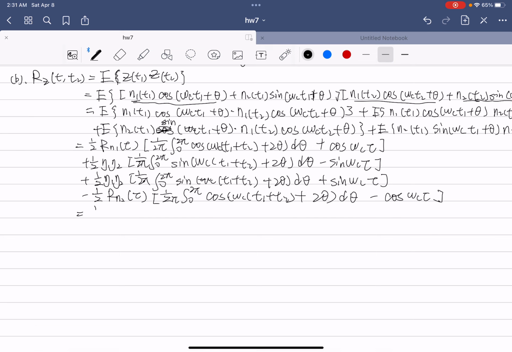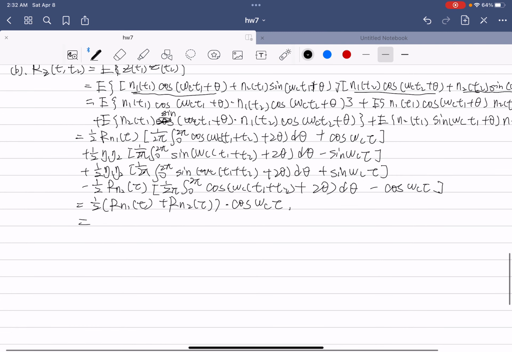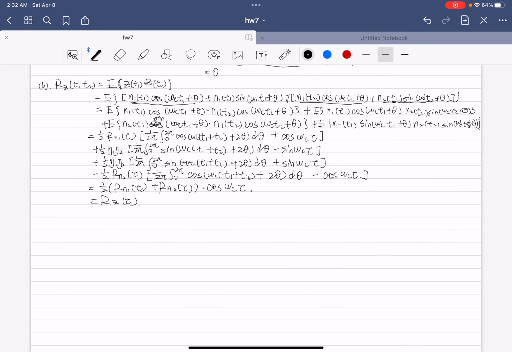The result will be Rn1(tau) plus Rn2(tau), times cosine omega c tau. This will be Rz(tau). So that Zt is also a wide-sense stationary process.